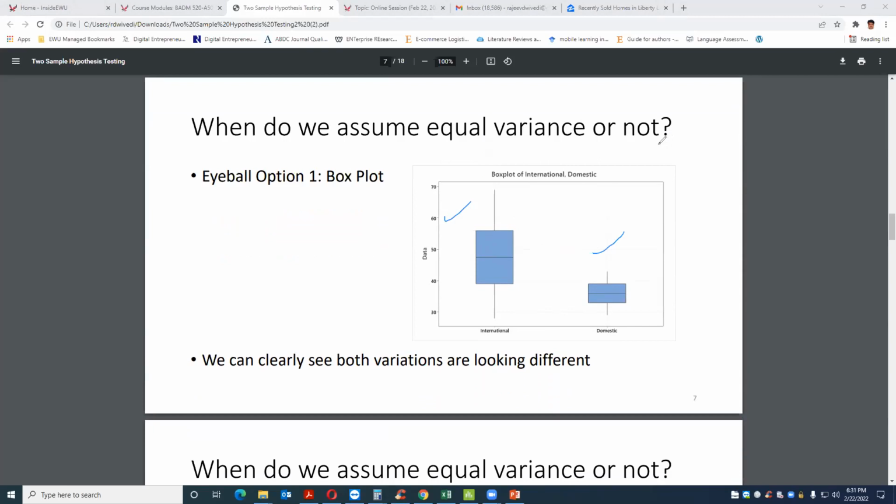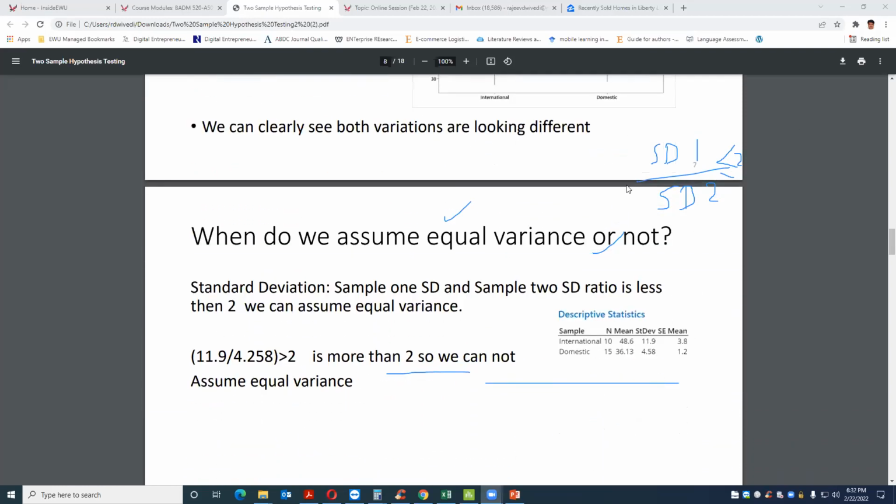And the second, like I used to do, SD1 upon SD2 is less than or equal to 2, then it is equal, otherwise both variances are looking different. Another option, this.